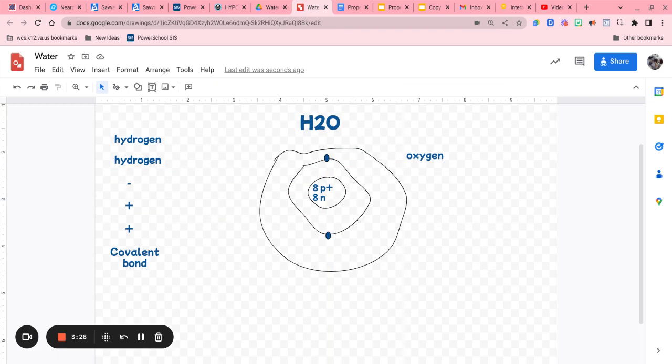Now, what that leaves me with is 6 electrons because 8 minus 2 equals 6. And that's what will go on my second energy level.